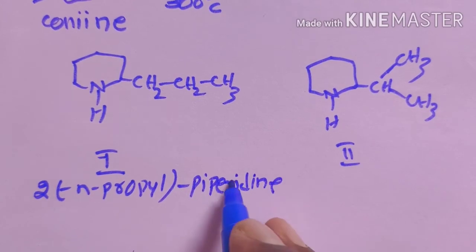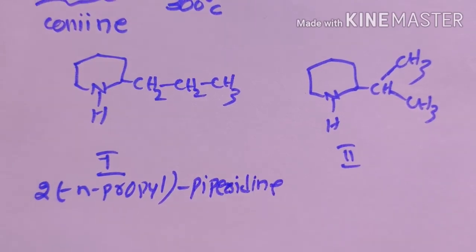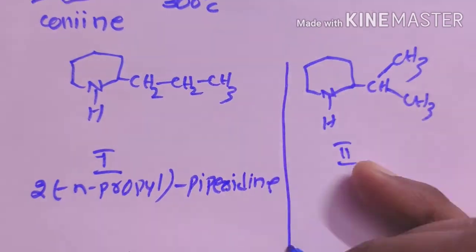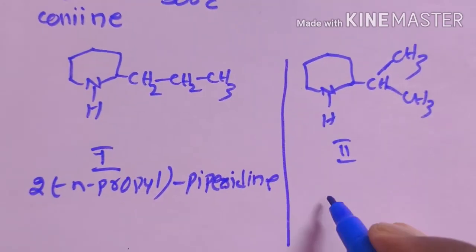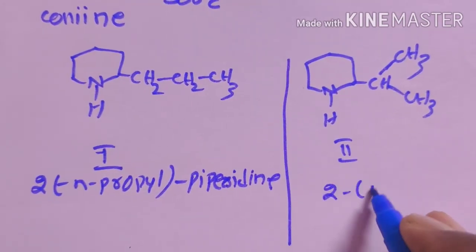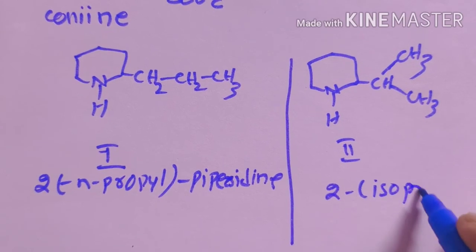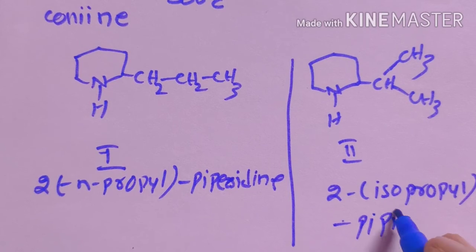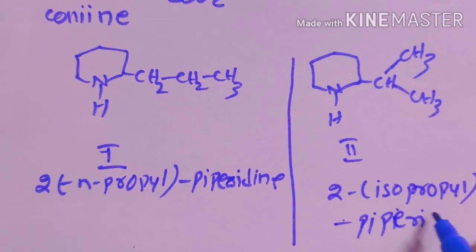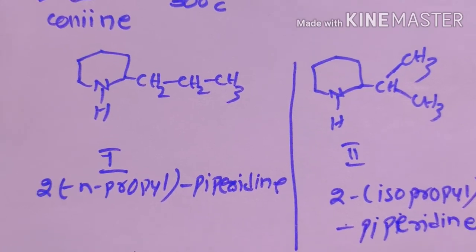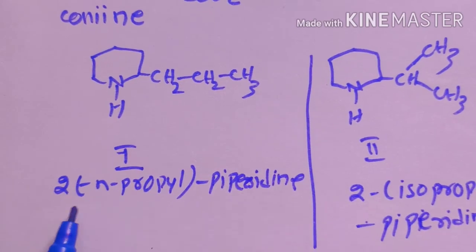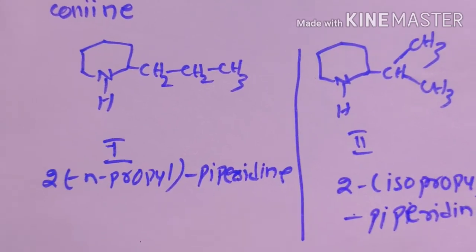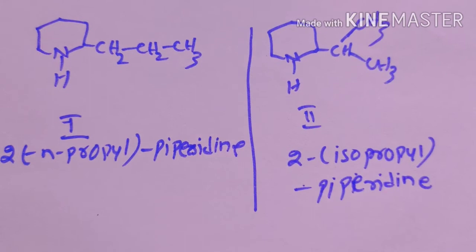So this is the first proposed structure for the coniine, and the second possible structure for the coniine is 2-isopropyl piperidine. So coniine must be either 2-n-propyl piperidine or 2-isopropyl piperidine.